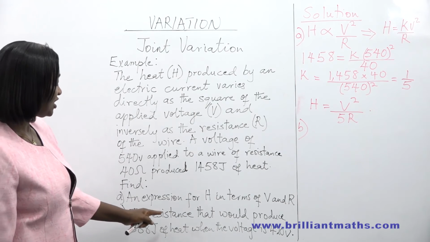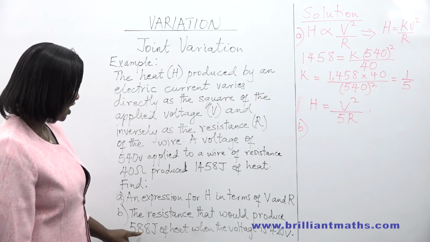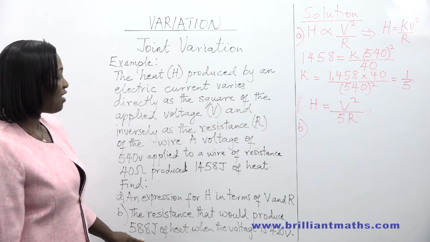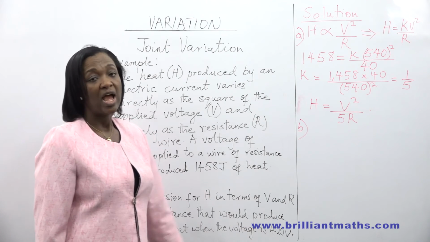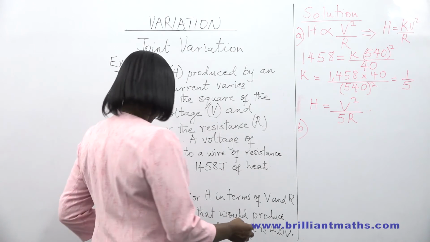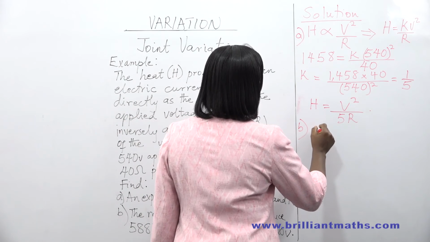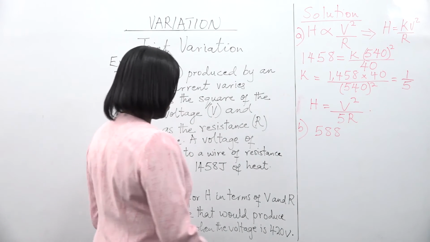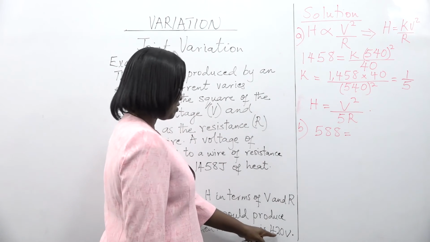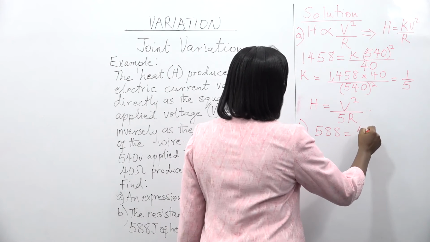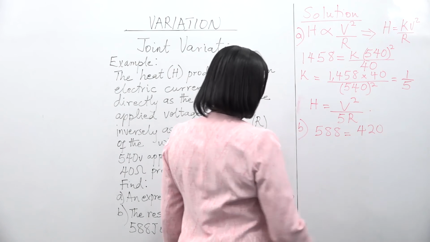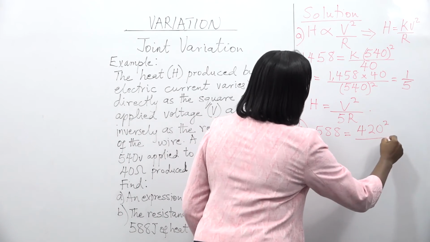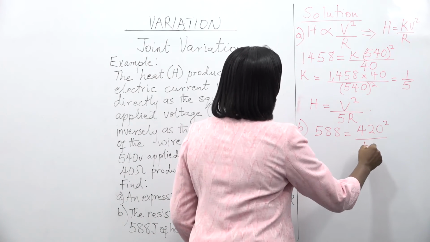Next, we're going to find the resistance that will produce 588 joules of heat. So H is 588 and V is 420, and we're supposed to find R. So H, 588, is equal to V squared, 420 squared, over 5R.